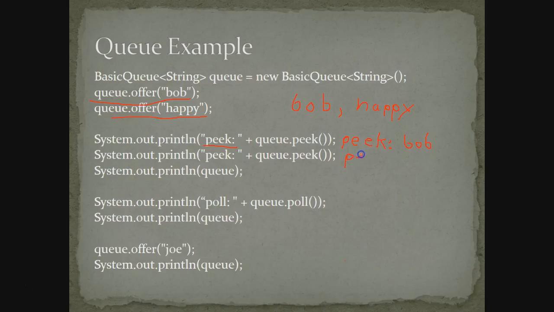So when we peek next time, Bob is still going to be at the front of the list because we have not modified the list, because peek does not modify the list. When we go to print, we would still get Bob, Happy. Bob is still at the front and Happy still in the back.